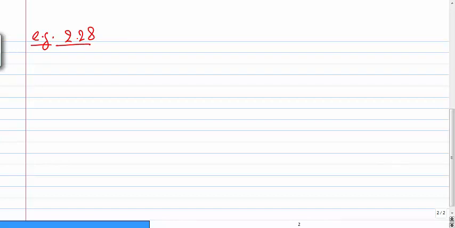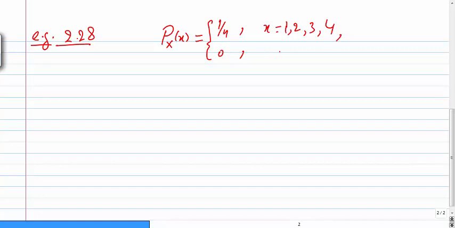The PMF is P_X of x equal to 1/4 for x equal to 1, 2, 3 and 4, and 0 otherwise.